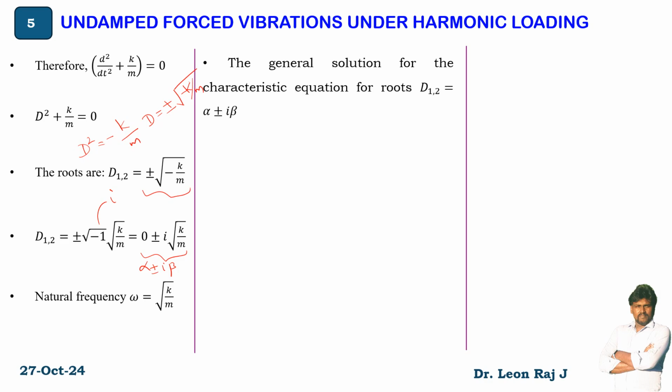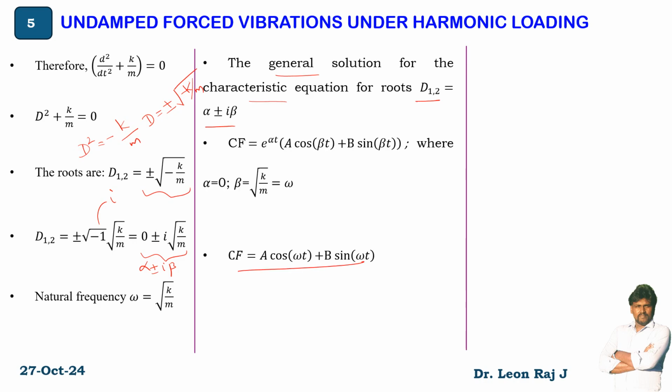So the general solution for the characteristic equation with roots d1, d2 equal to alpha plus or minus i beta is the complementary function, which is e power alpha t times a cos beta t plus b sin beta t, where alpha equal to 0, beta equal to omega. So your complementary function is a cos omega t plus b sin omega t.